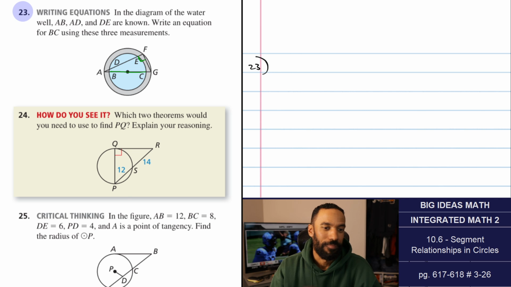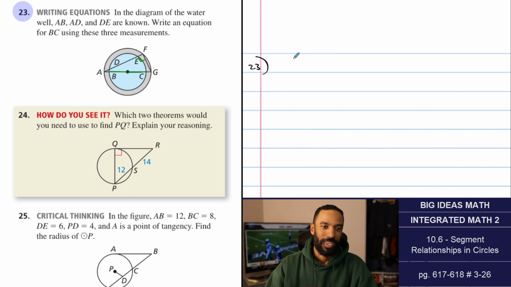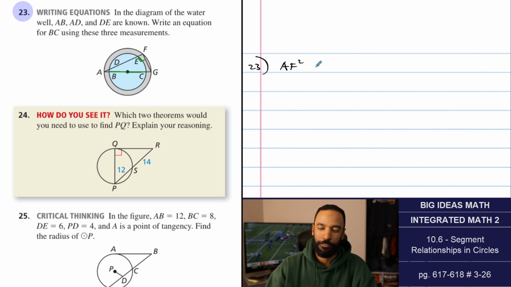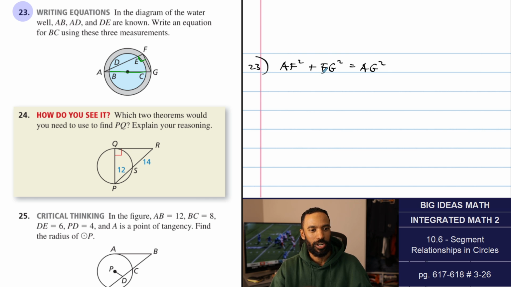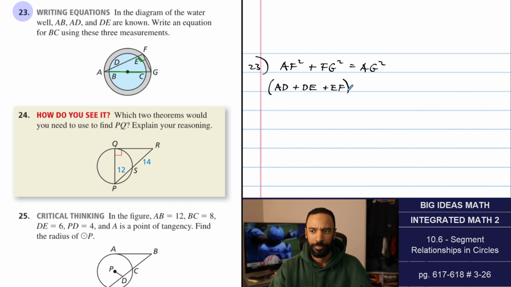All I do know is that AF squared, I'm looking at the legs, AF squared plus FG squared equals AG squared. That's Pythagorean theorem. Let's break them up into parts. So AF is broken up into AD plus DE plus EF.